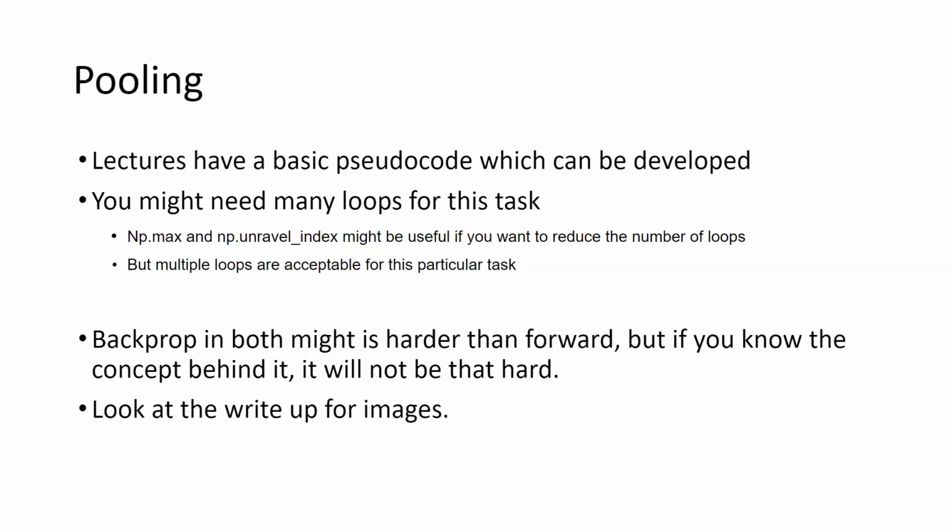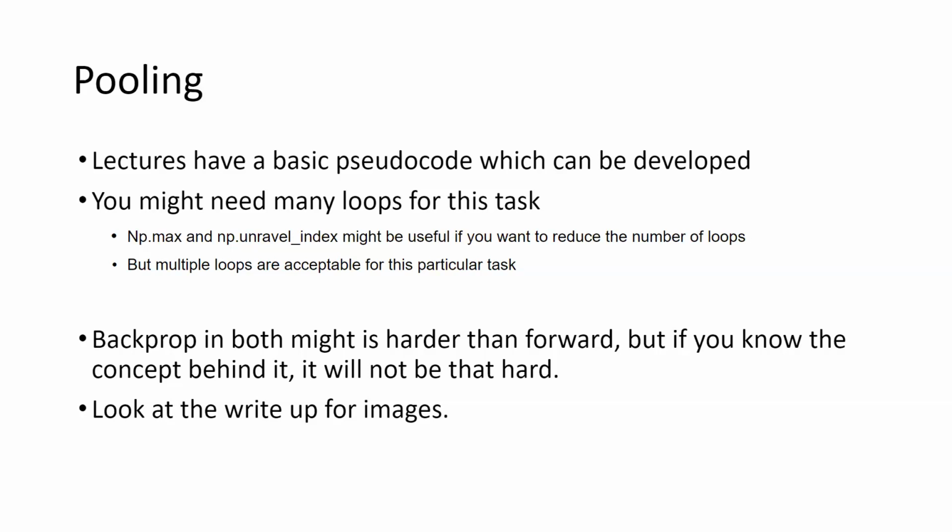So let's say for max pooling, if you remember from the class, for every index where we place the filter, we try to get the max value that is present in that filter, and that's our final value, right? If you remember in the pseudocode, we find out the index where the max element is present, and then once we have that index, we pick out the max value.